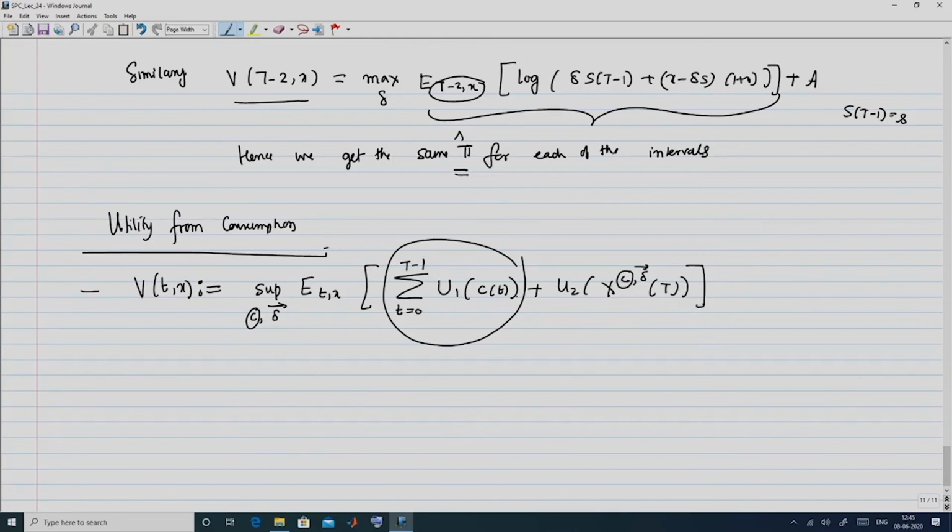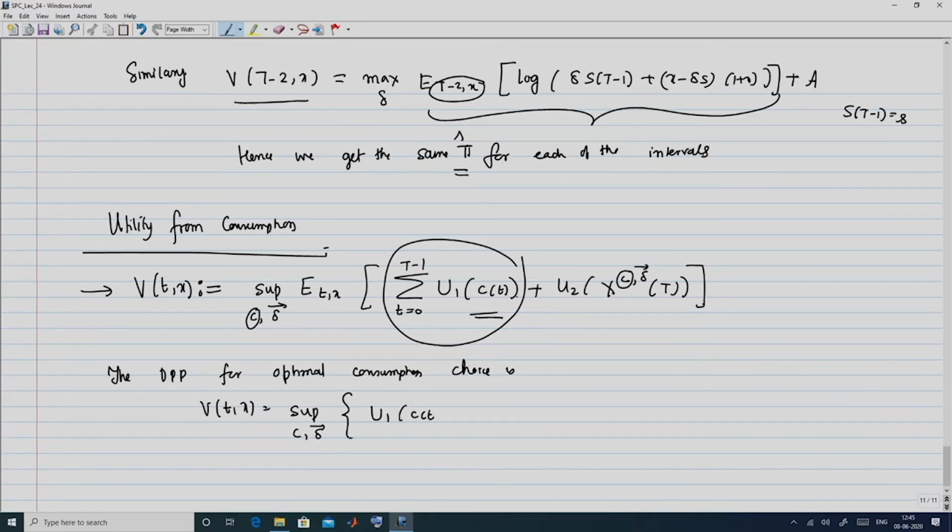Once I have defined the value function by taking into account the consumption process, the dynamic programming principle for optimal consumption choice is then given by V of t x, which is going to be nothing but the supremum over C and delta of U1 of C t plus E of t x of V t plus 1 of x t plus 1 vis-a-vis the consumption C and the feasible or allowable portfolio of vector delta.